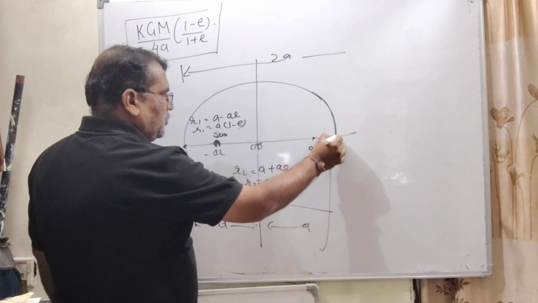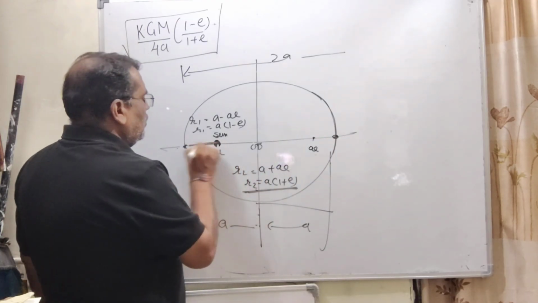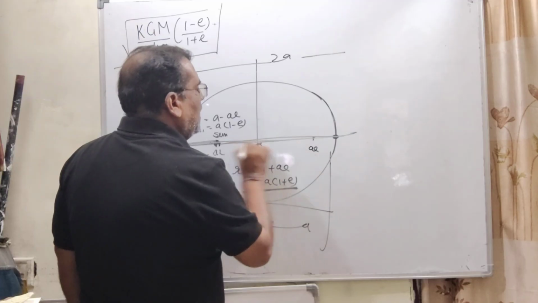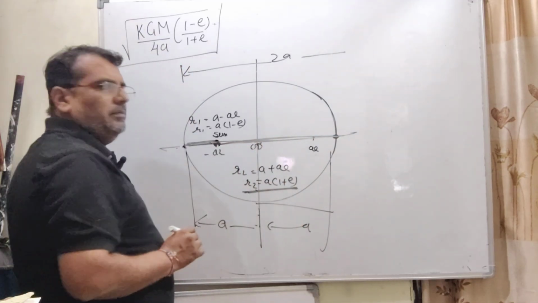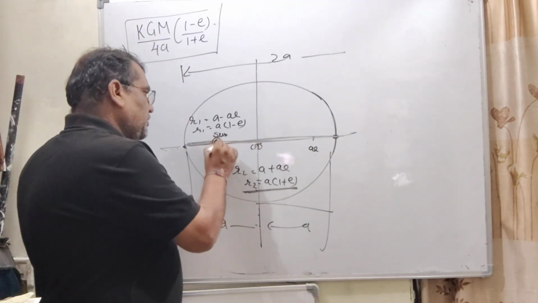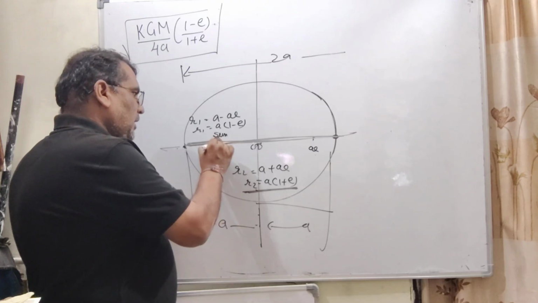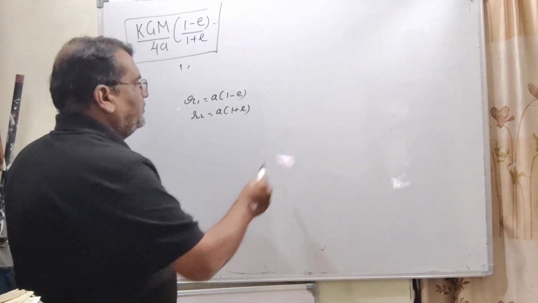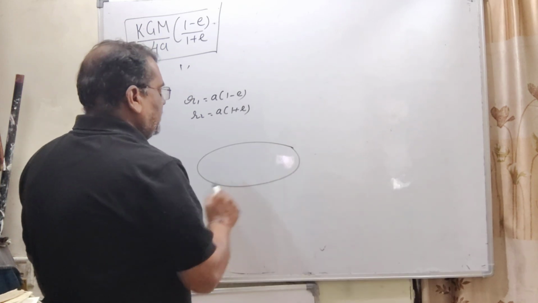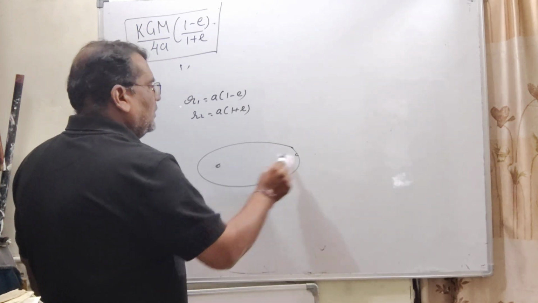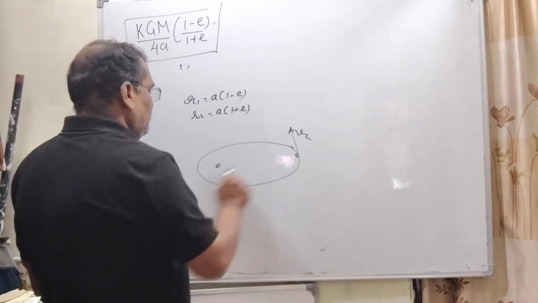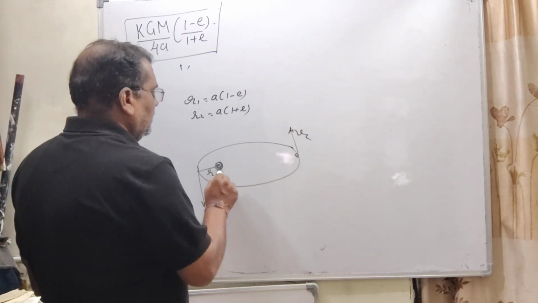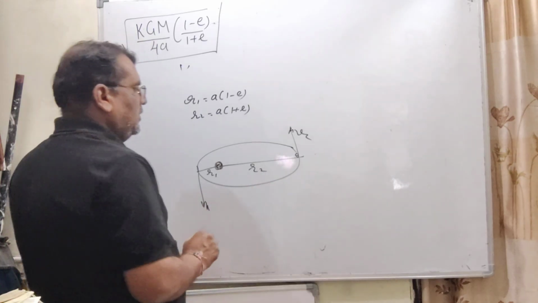So the closest distance is perigee and this is apogee, measured from the position of the sun. I hope this point is clear. Now the orientation of the planet: suppose this is v2, this is v1, and this is r1, and this is r2.